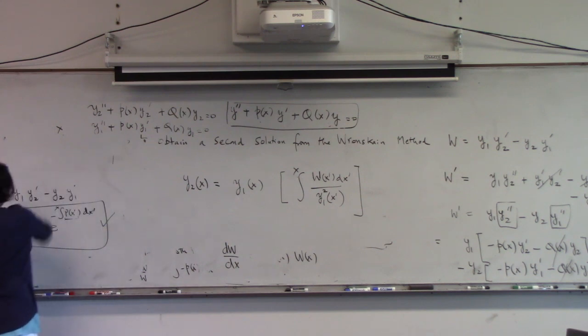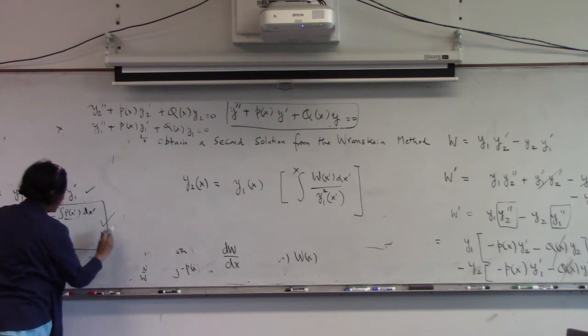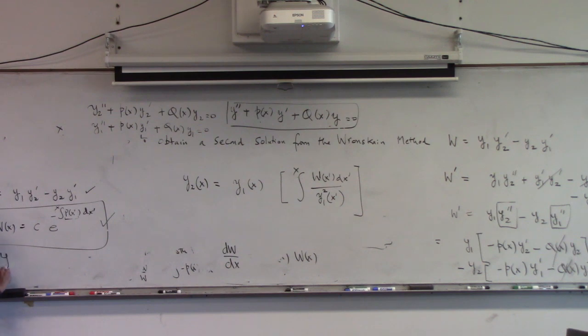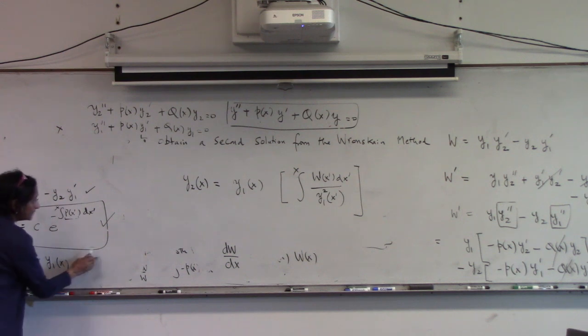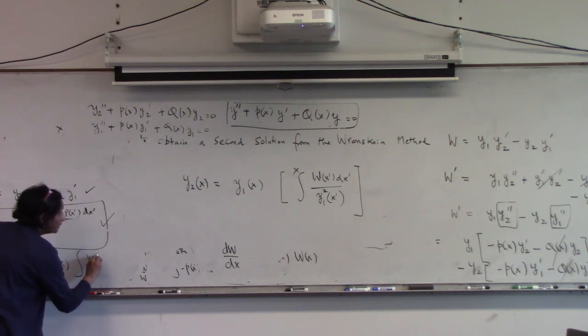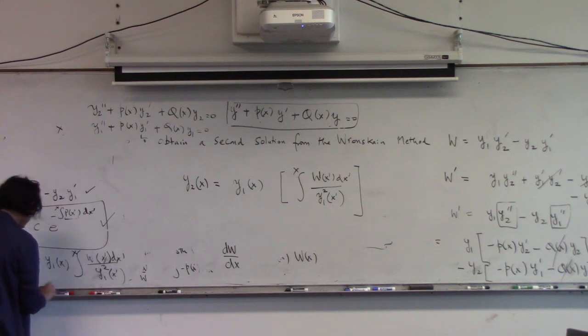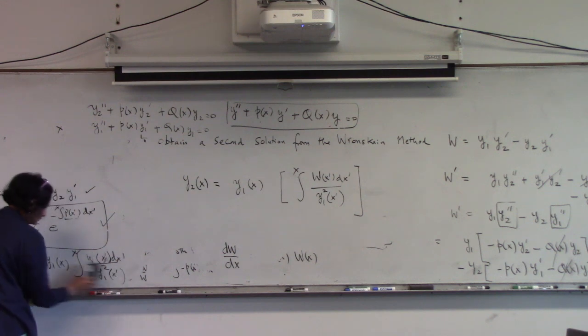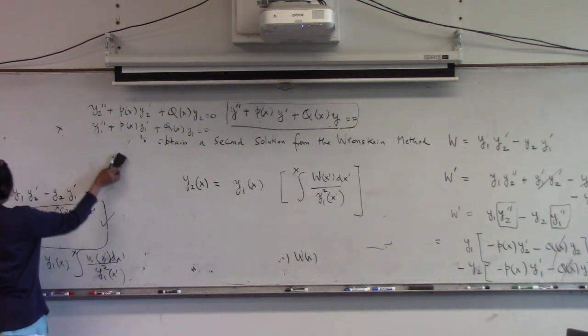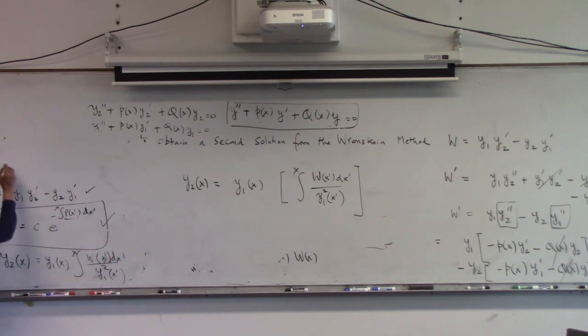This one is useful for checking whether they're linearly independent, and this is useful for getting the second solution: first solution times this Wronskian in the numerator, over y1 squared of x prime dx prime. So those are the most important equations for calculating the second solution of a second order differential equation.